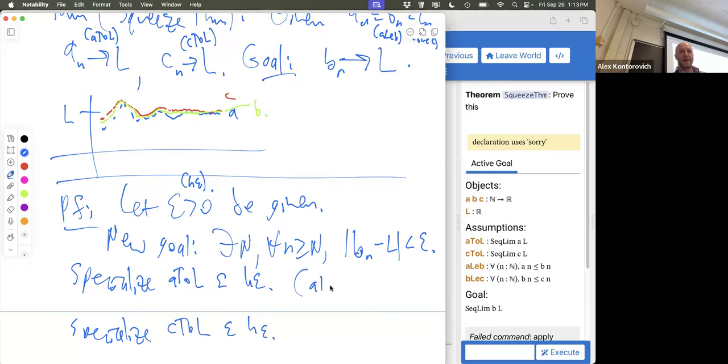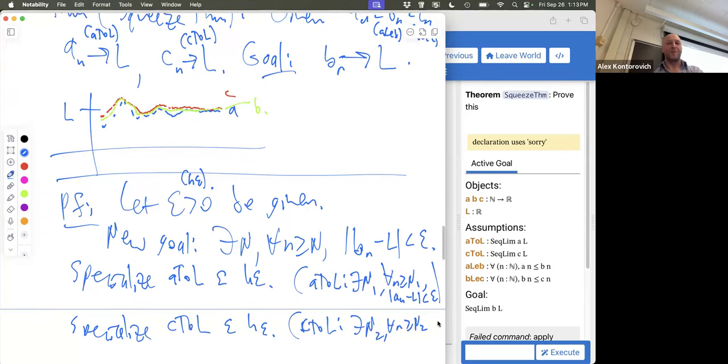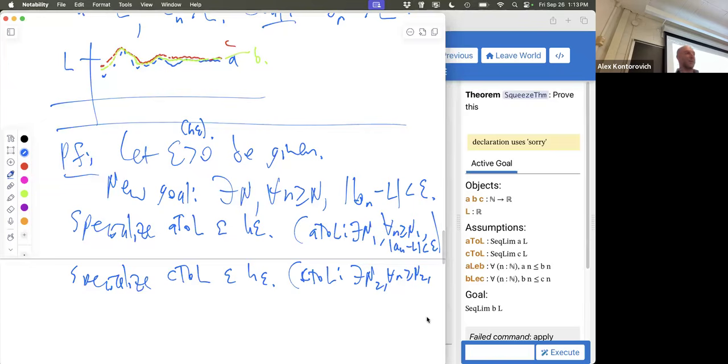So the new A to L says there exists some n1, so that for all n greater than n1, an minus L is less than epsilon. And the new C to L says there exists some n2, so that for all n greater than n2. Now, Lean isn't going to automatically make the dummy variables have new names. It'll keep them dummy names, but for our purposes, I want to keep different names.